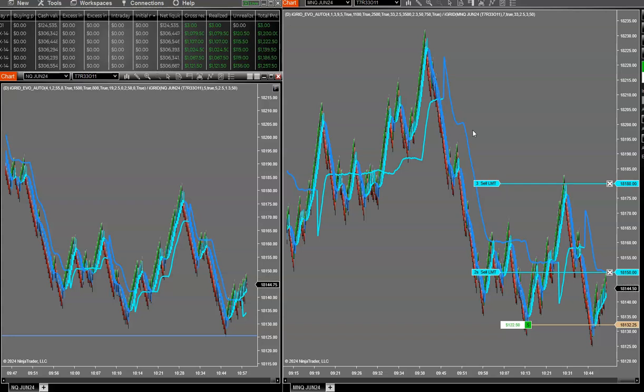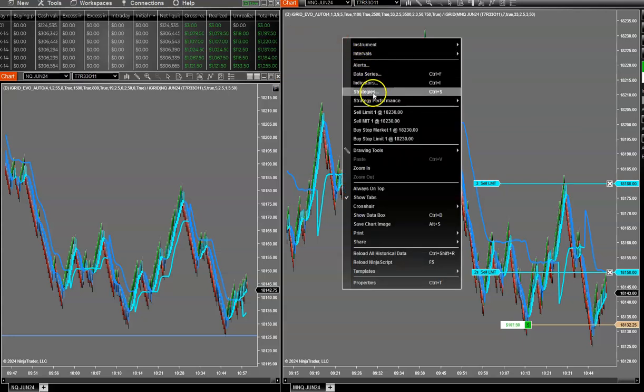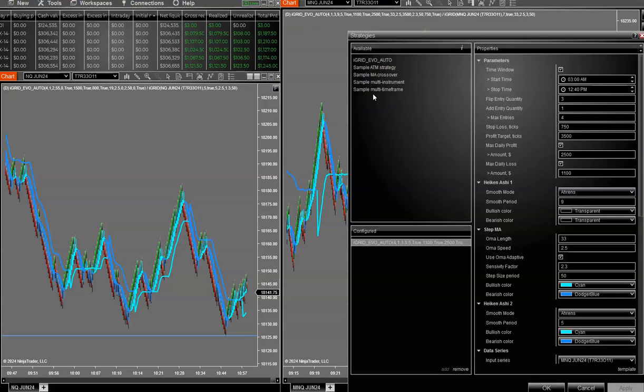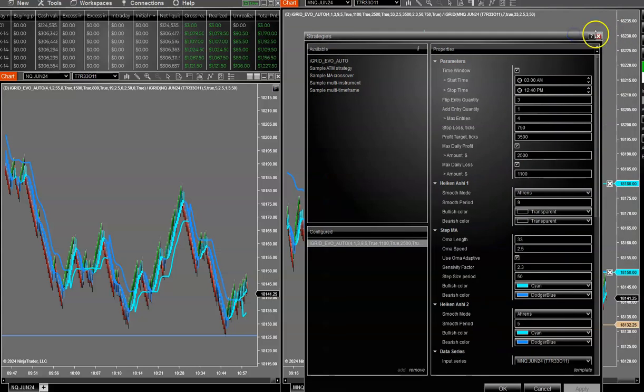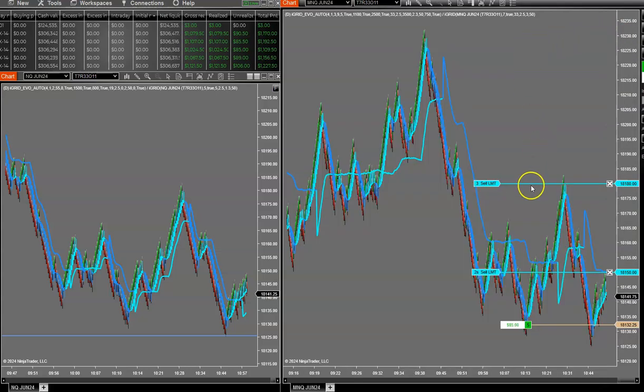Always, always, always, when you run an automated strategy on cTrader, MT4, MT5, NinjaTrader 8, you've got to make sure that what you have set in the strategy settings for the indicators is absolutely perfectly aligned with the indicator settings that you're watching on your chart, if that makes sense.